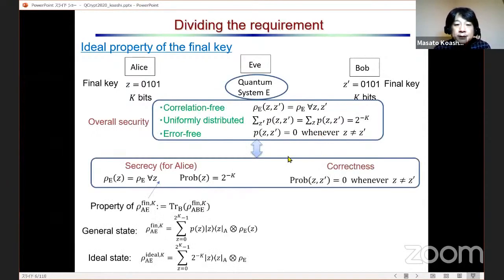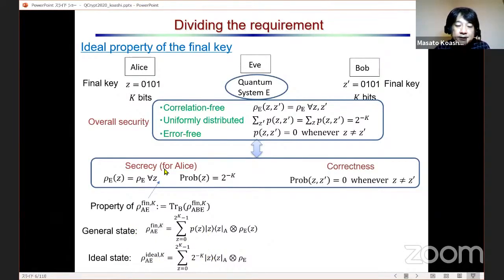Now, it is convenient to divide this security condition into 2 conditions. One is secrecy for Alice. We just care about Alice's key and forget about Bob's key, so we are talking about the state for which Bob's key is traced out. It's a property of the state AE here, and the ideal state looks like this.